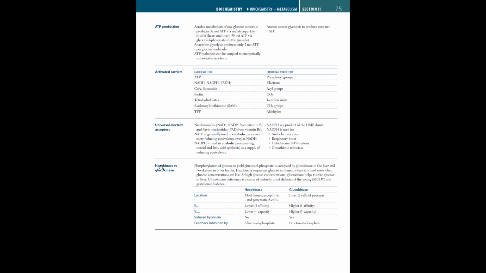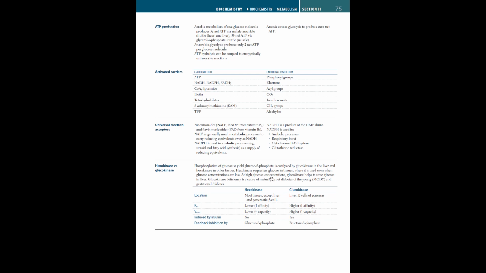Now, what is the difference between hexokinase versus glucokinase? The phosphorylation of glucose to yield glucose 6-phosphate is catalyzed by glucokinase in the liver and hexokinase in other tissues. Hexokinase sequesters glucose in tissues, where it is used even when glucose concentrations are low.